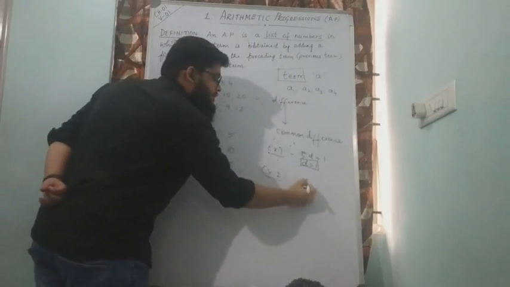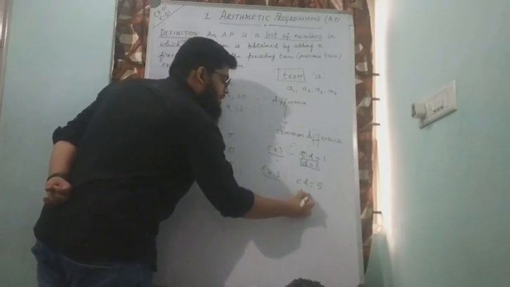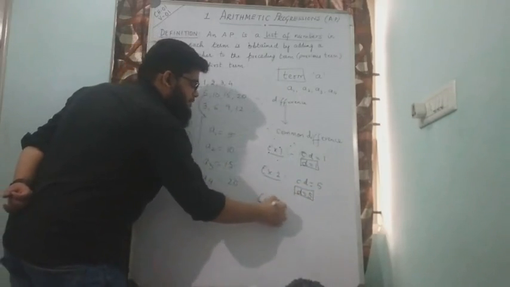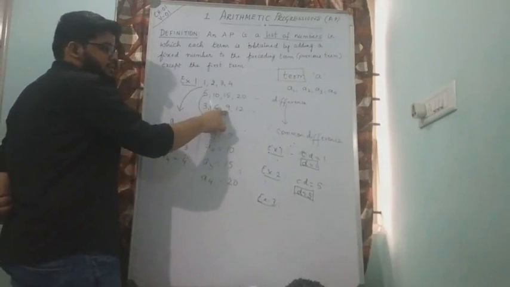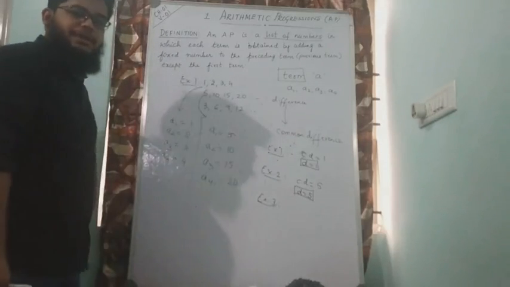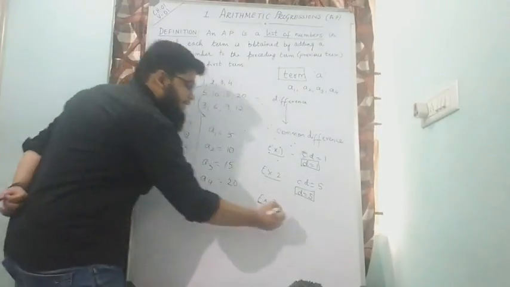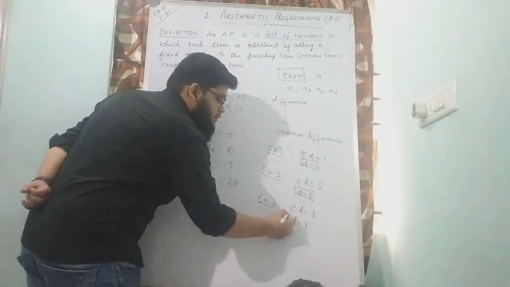So the common difference in example number 2 was 5, or simply D is equal to 5. In example number 3, first term is 3, second term is 6, third term is 9, fourth term is 12. What do you think is the difference? Right, it's 3. Therefore, the common difference is 3, or D is equal to 3.